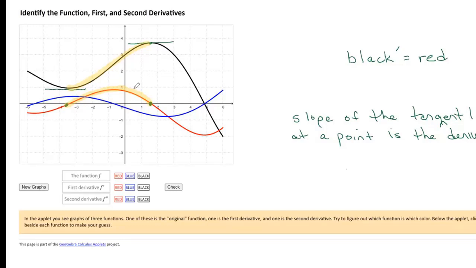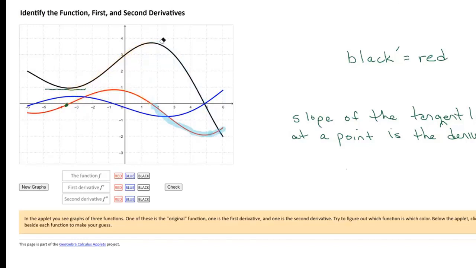So that works. Notice then it gets negative from here to here. And if I look at the red line, it's below the x-axis, so it's negative that whole way. I'm positive about the derivative of black is red.